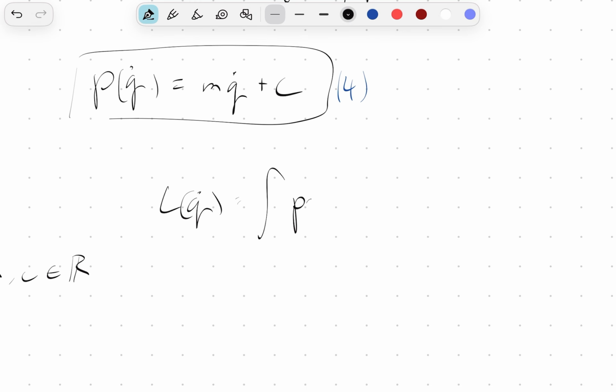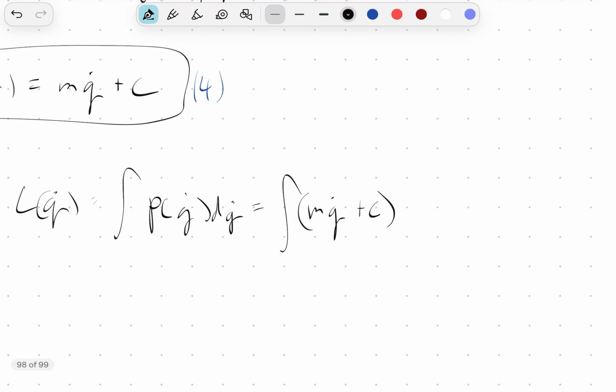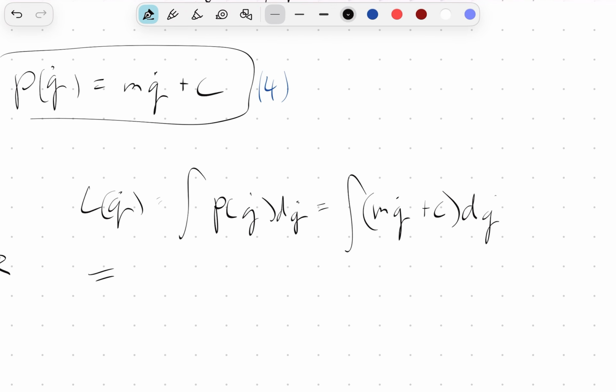So if we integrate the momentum from our equation 4 here, we should be left with a similar result that we have seen in the past, which is that we get m q dot squared plus c q dot plus a constant.